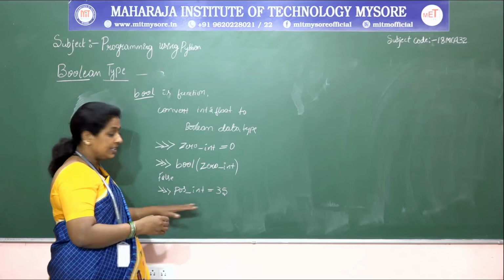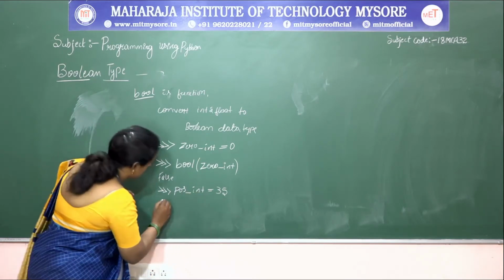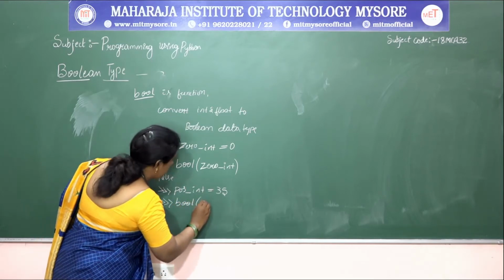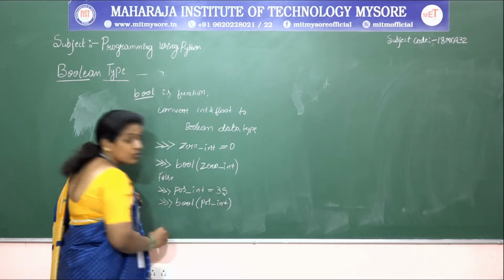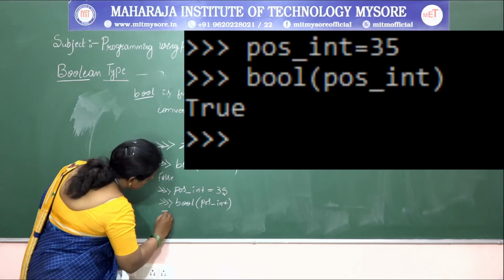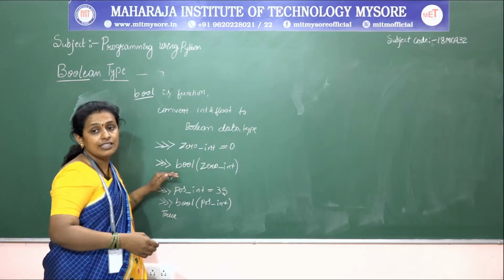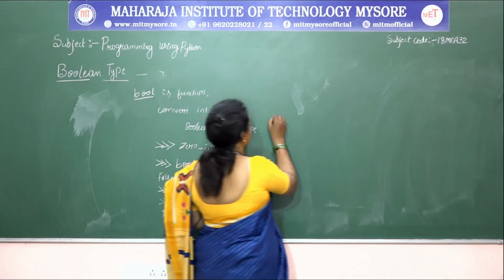Here I am assigning an integer value of 35. Just check the Boolean value of this number. For this I will get output as True. For only zeros we will get False, otherwise we will get True. Now let's go with a negative number.